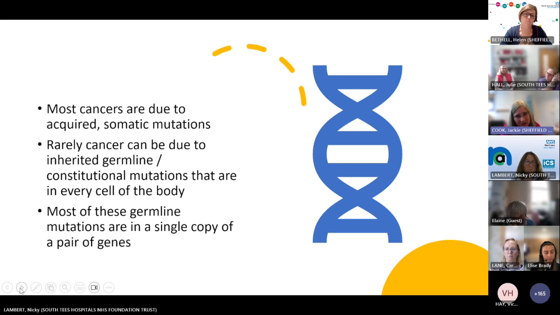That is a mutation that is not just in the cancer cell, but is in every single cell of our body because it came down to us either in the egg or the sperm cell. Most of those germline mutations, when we're talking about cancer, are in just one of the two copies of that gene. So you have one normal copy and one faulty copy, and you'll find that gene fault whether you look in a blood cell or a lung cell or a skin cell.